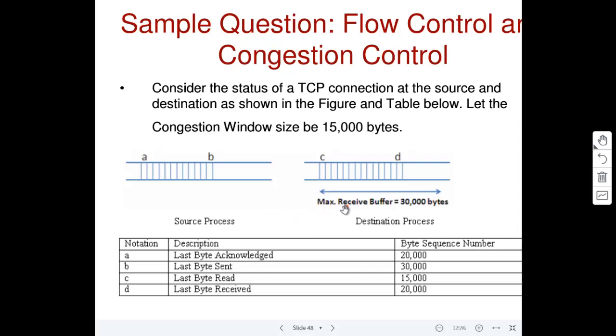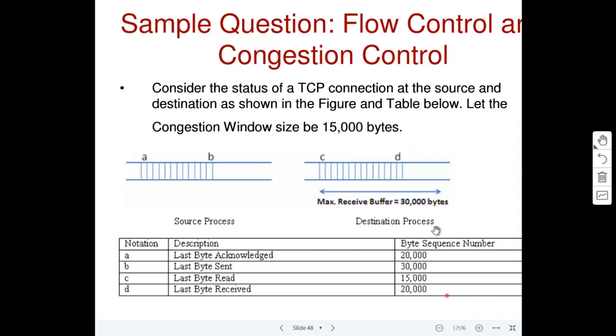The maximum receiver buffer size at the receiver side is 30,000 bytes, and the parameters: last byte acknowledged at the source is 20,000 bytes, last byte sent at the source is 30,000 bytes, last byte read at the receiver by the application running at the receiver is 15,000 bytes, last byte received at the receiver is 20,000 bytes, and the sender has also estimated the congestion window to be 15,000 bytes.